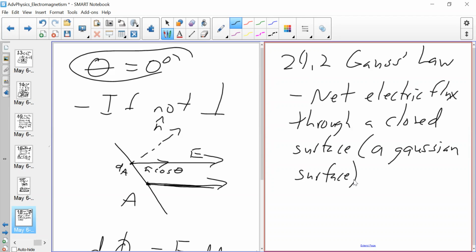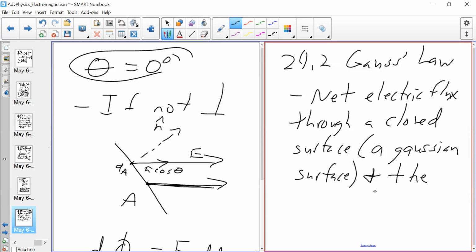Net electric flux through a closed surface, which is a Gaussian surface, and the charge enclosed. When we have a flux through a closed surface, and there's an electric charge within that surface, we have Gauss's law. So all Gauss's law is: I take a charge, it's throwing out electric fields in space, I define a surface around it, and I can get the amount of electric field through that surface.